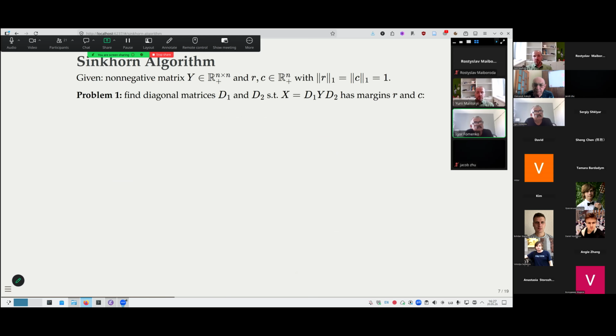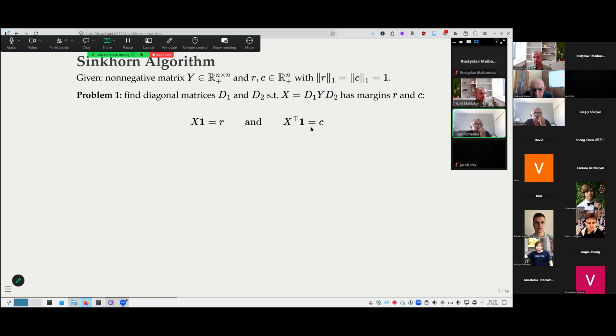So let's say we have a non-negative matrix Y, and we have two vectors R, the row vector, and C, the column vector, with the same sums. And our goal is to find two diagonal matrices, D1, D2, so that the matrix X, that is basically the multiplication D1 Y D2, has margins R and C. Margins R and C means that the row sum of X is R and the column sum of X is C. So in formulas, it will be like this.